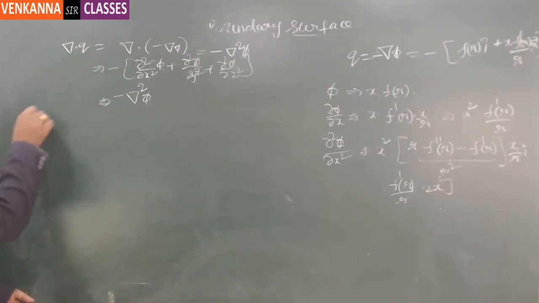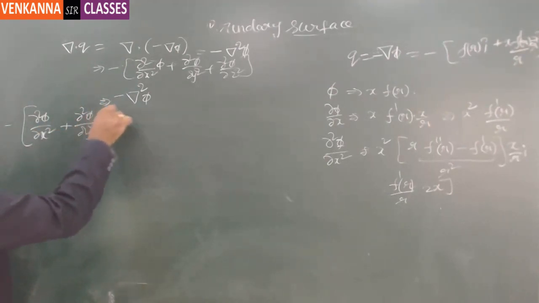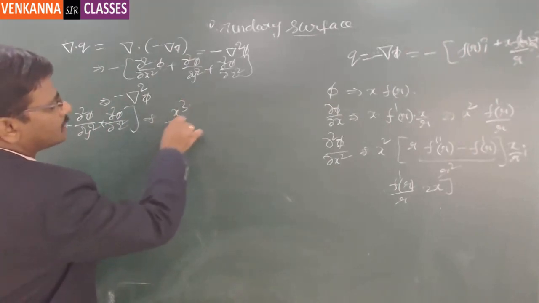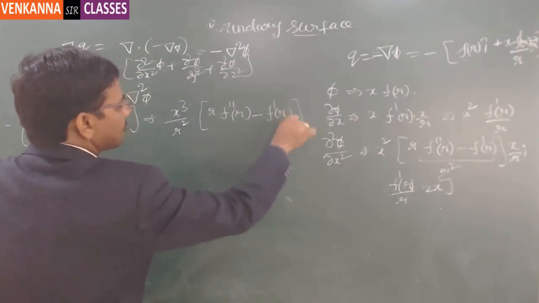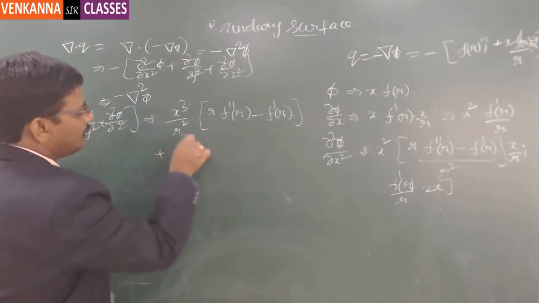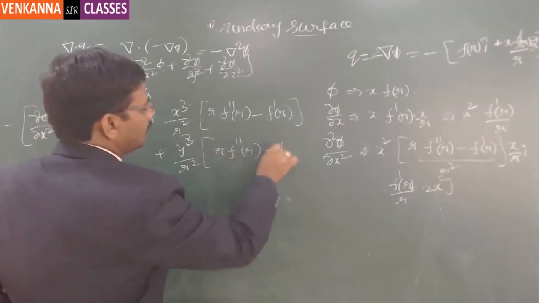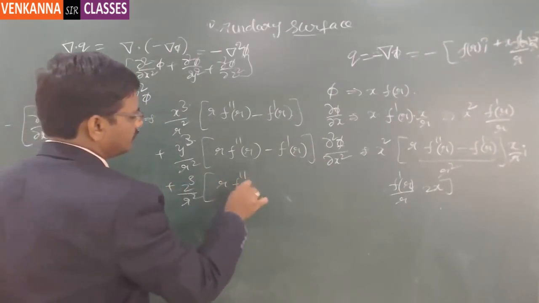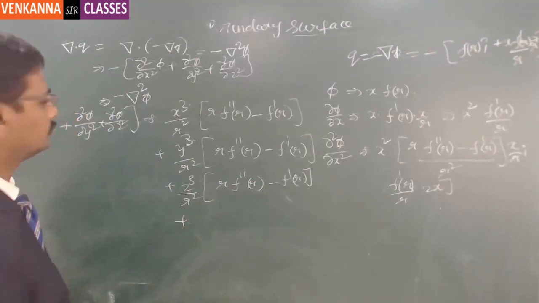So del square phi is nothing but dou square phi by dou x square plus dou square phi by dou y square plus dou square phi by dou z square, and this value is x cube by r square into r into f double dash of r minus f dash of r, plus y cube by r square into r into f double dash of r minus f dash of r, plus z cube by r square into r into f double dash of r minus f dash of r, plus, sorry, this is r cube.